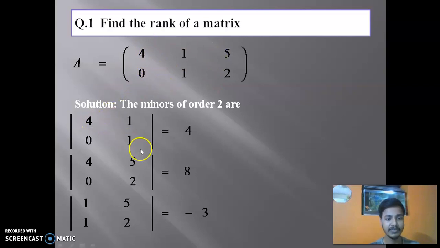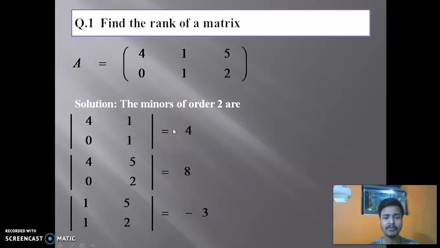Now try to calculate them. What is the determinant of the first? 4 into 1 minus 0, 4 ones are 4, minus 0 is 4. For the next, 2 fours are 8 minus 0 is 8. For the last, 2 ones are 2 minus 1 into 5, 5, 2 minus 5 is minus 3. So as you can see, we have taken 3 minors of this matrix and all of them are non-zero.